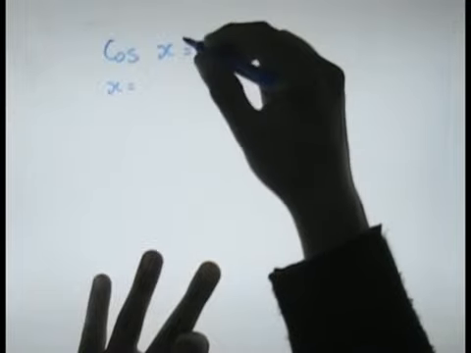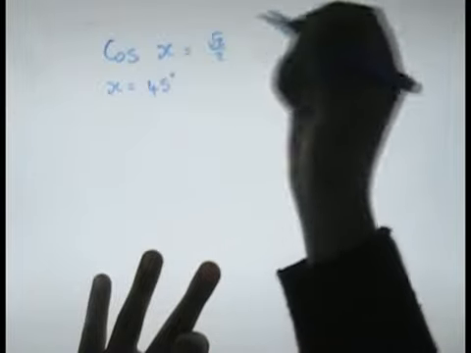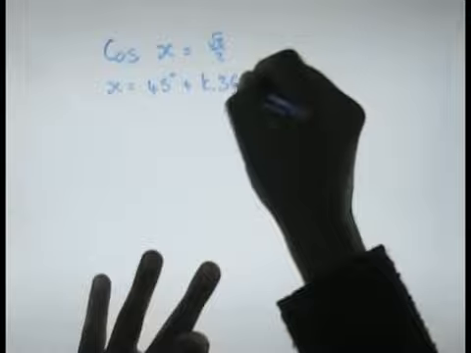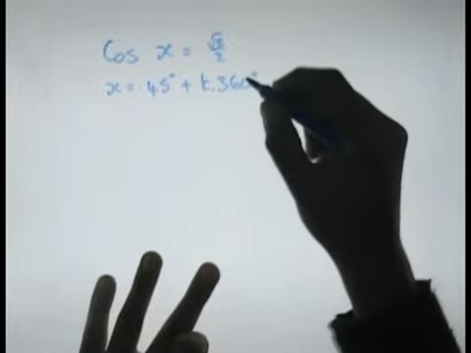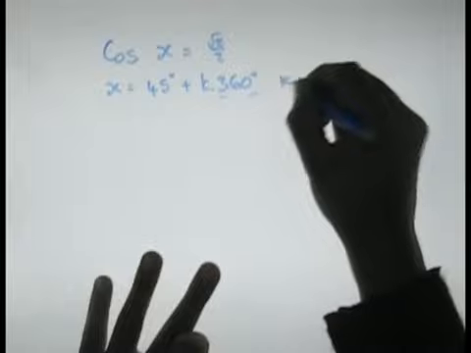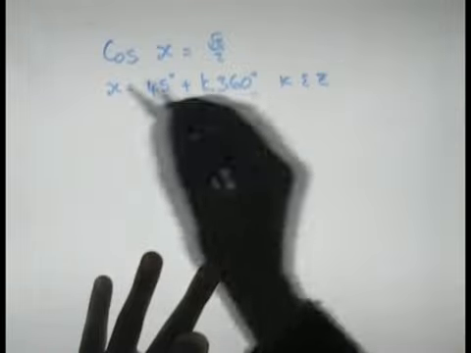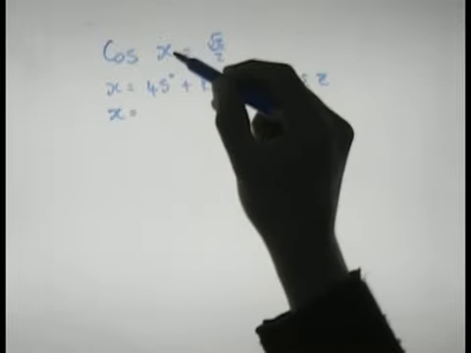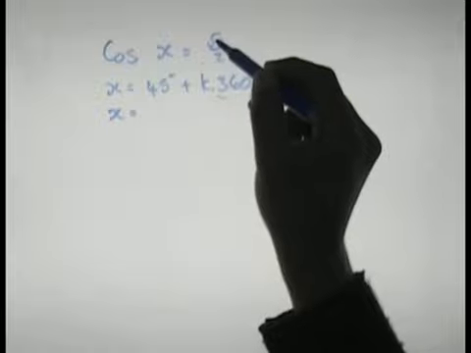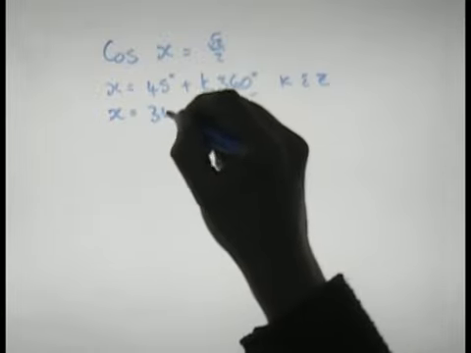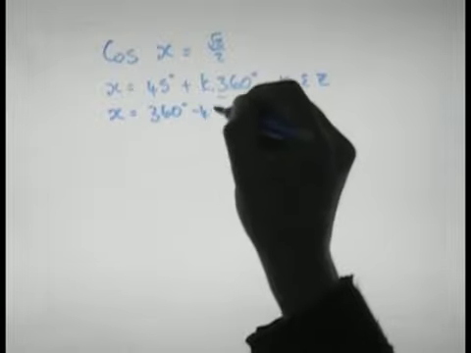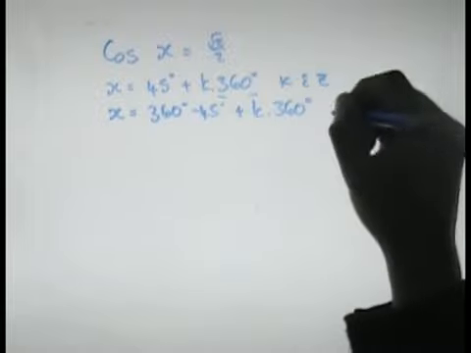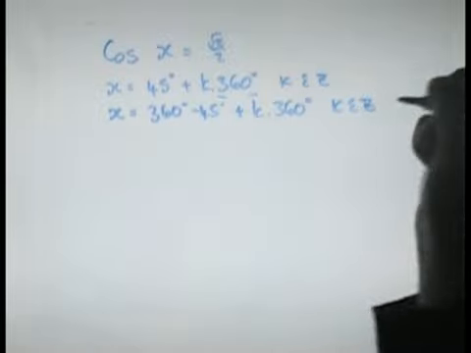We know from special angles that this means x is equal to 45 degrees, but it's going to be 45 degrees plus k times 360, because the cos graph also repeats itself at intervals of 360 degrees, where k is an element of integers, or x is equal to, now where else is cos positive? In the fourth quadrant. So it's 360 degrees minus 45 degrees plus k times 360, again where k is an element of integers.